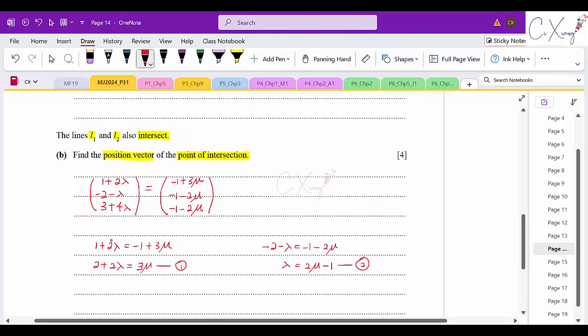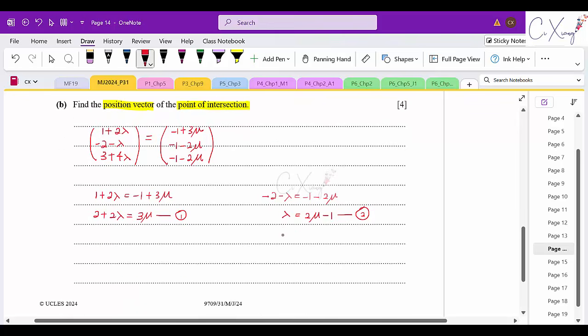Of course, if some of you want to use the second and third equation to solve for the value, also can. There are 3 pairs of equation here, and you can use any 2 of them to get the value for lambda and also mu. So now I want to get the value for lambda and mu. I substitute equation number 2 into equation number 1 so that I can solve them simultaneously.